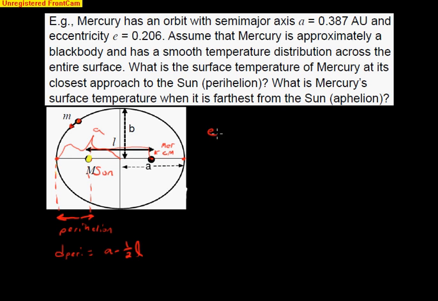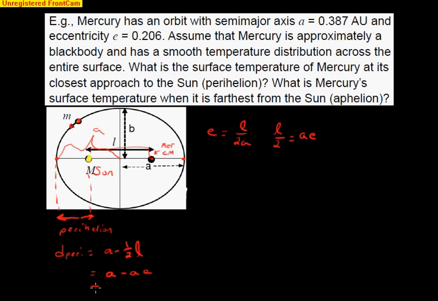By the way, eccentricity is defined as L over 2A. So you could put this as A minus AE by rearranging this. It gives us A and it gives us E. We could calculate L, or I could go ahead and do this formula, A minus AE, since half of L, L over 2, is equal to AE.